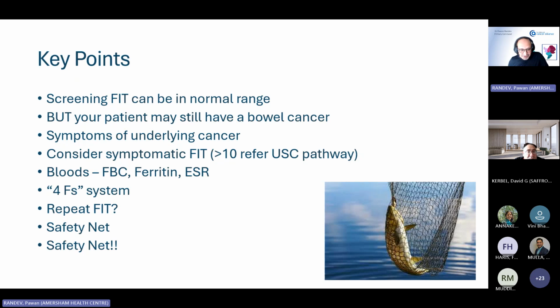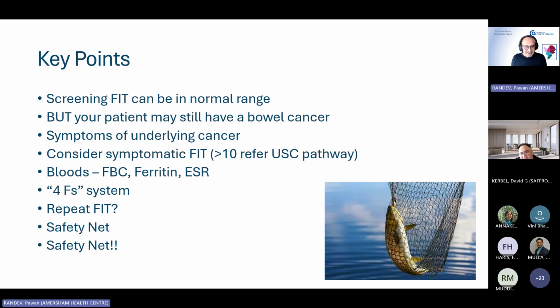Now, I've also put as one of the bullet points, should you consider repeating the FIT? So if Tom has a FIT test and it comes back as 8, but you're not quite happy with that, and you decide you're going to safety net, is there value in repeating the FIT test? The short answer is that we don't know, but we are undertaking a large research study in Nottingham to try and find out.